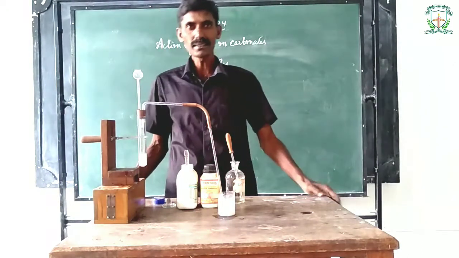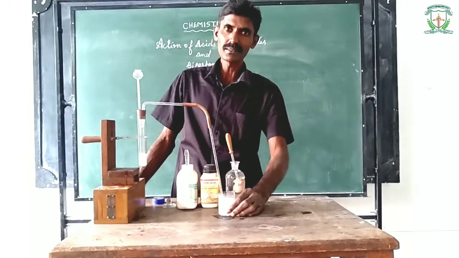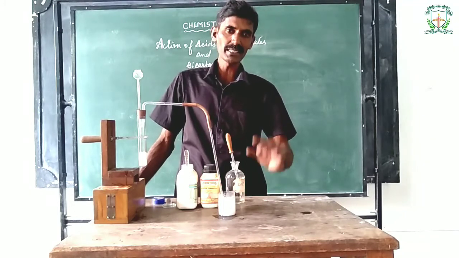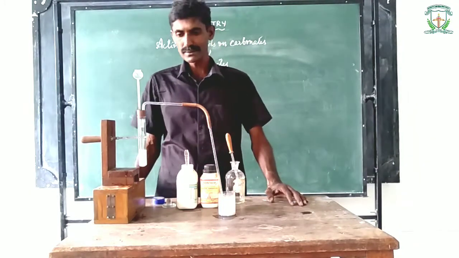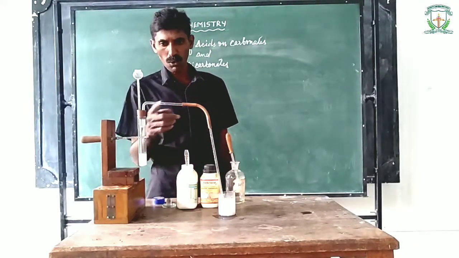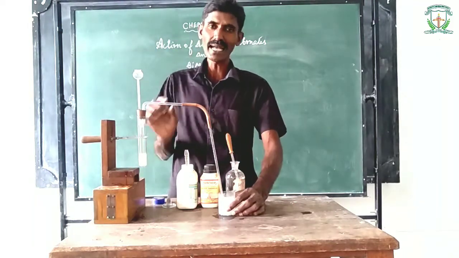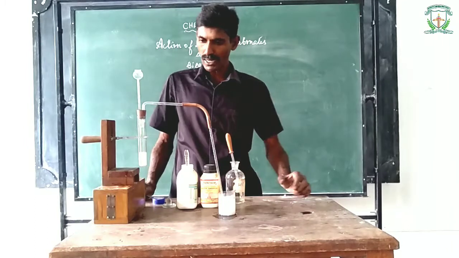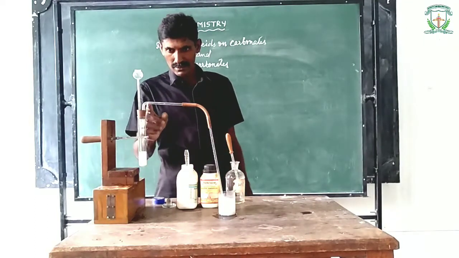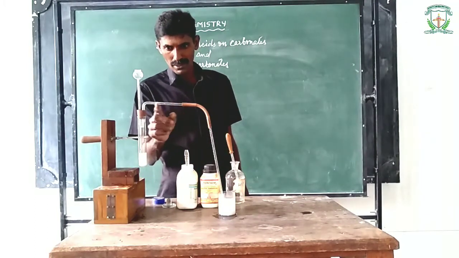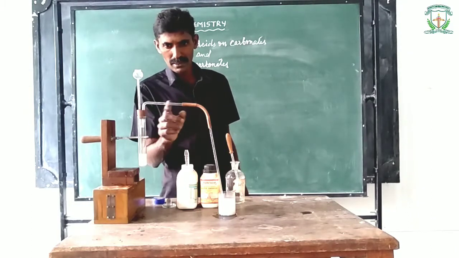Are you clear? Did you observe here? Before, the lime water is colorless; then the evolved gas, which is carbon dioxide, turns it milky. You also see a few water drops formed in the delivery tube.